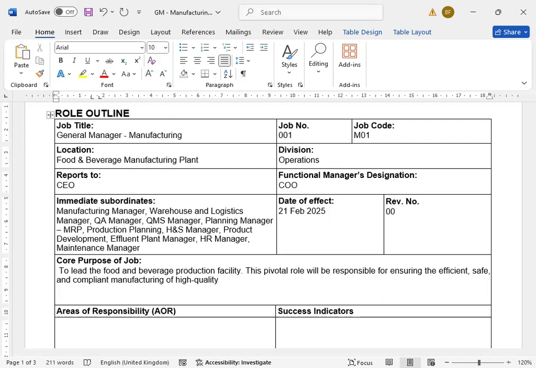Probably the lead auditor is coming from the quality management system or even the quality assurance manager, and they're going to do the audit. It could be a monthly audit, a quarterly audit, every 6 months audit. Okay, it could be an independent audit.